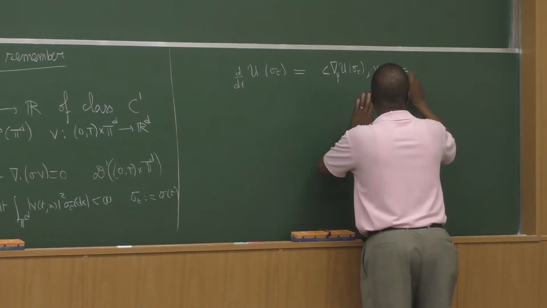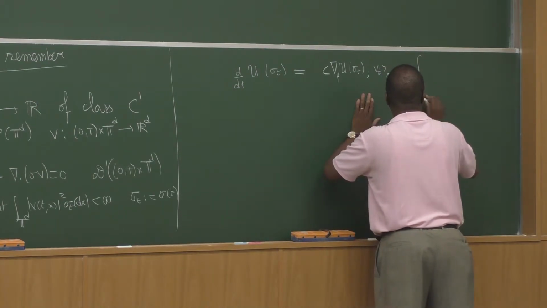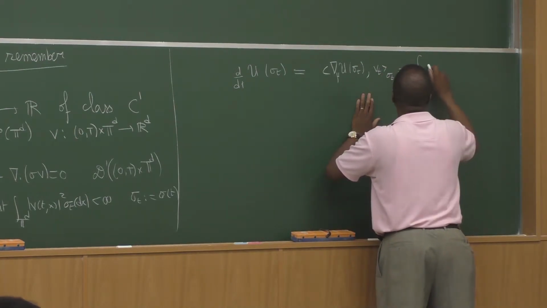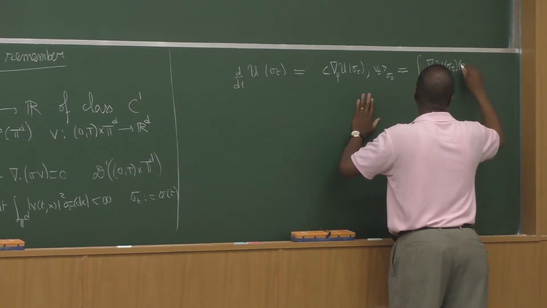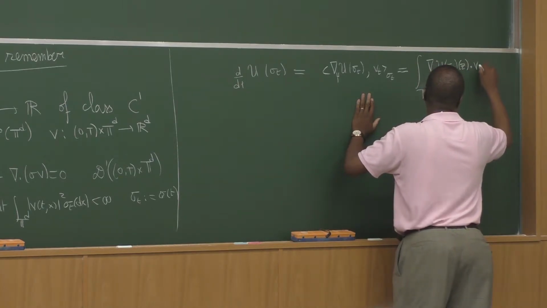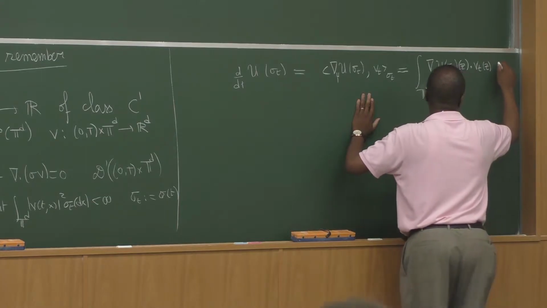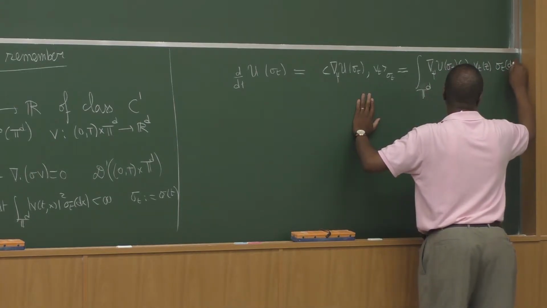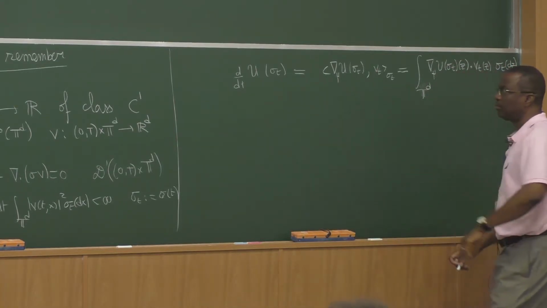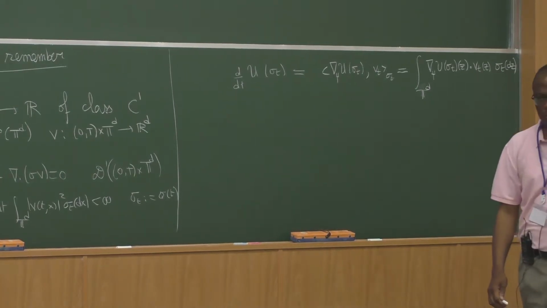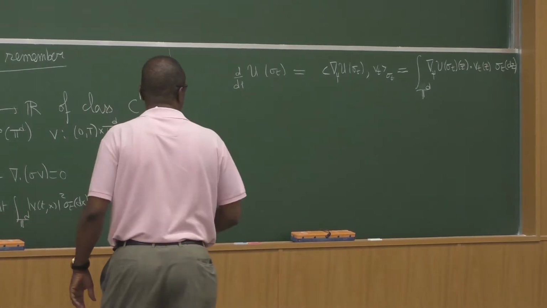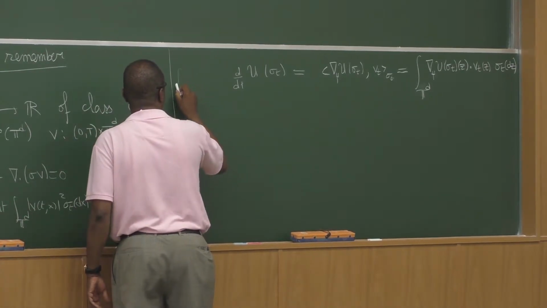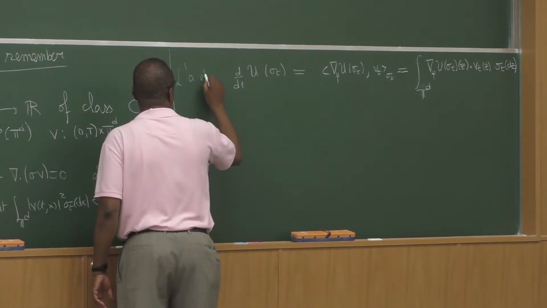So by this, I mean the integral on the torus of the gradient of u at sigma t of z, v t of z, sigma t dz. So this is true for L1 almost every t.